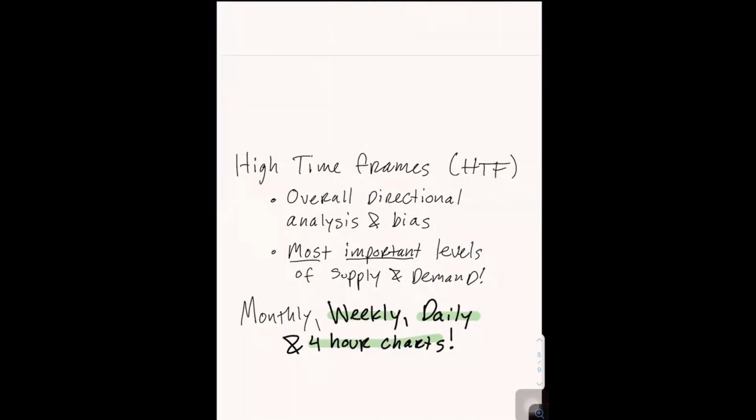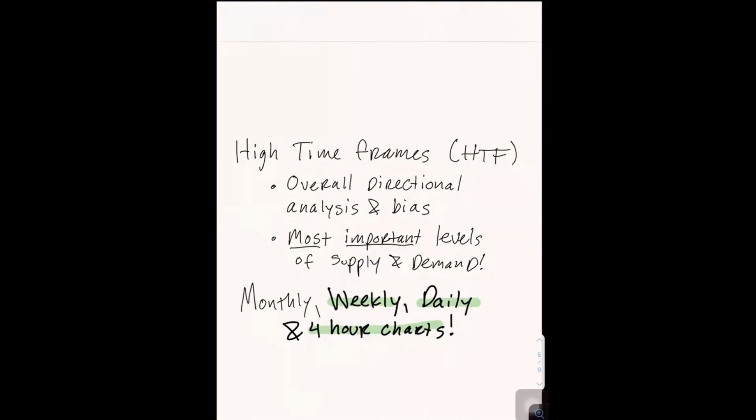Let's start off with high time frames, or commonly abbreviated as HTF. High time frames help you build your overall directional analysis and bias. What that means is your high time frames inform you on what has been going on for a pretty long amount of time.